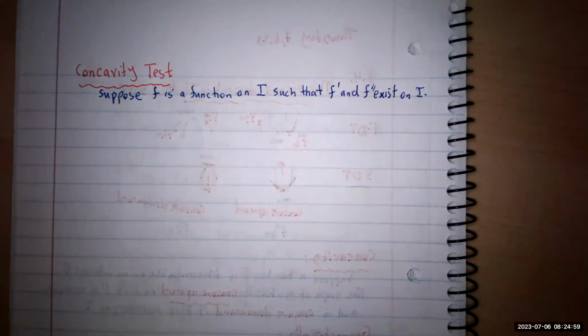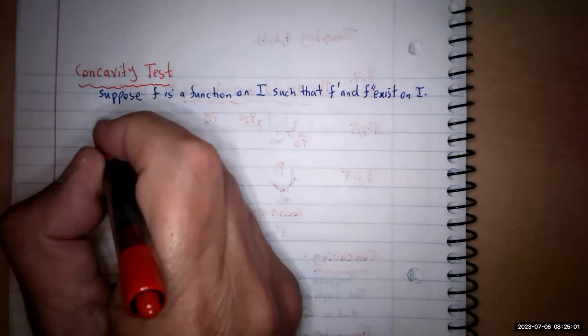Now, as soon as you find the second derivative, you are going to have two possibilities. First one, you check the sign of f prime. You need a table for f prime.